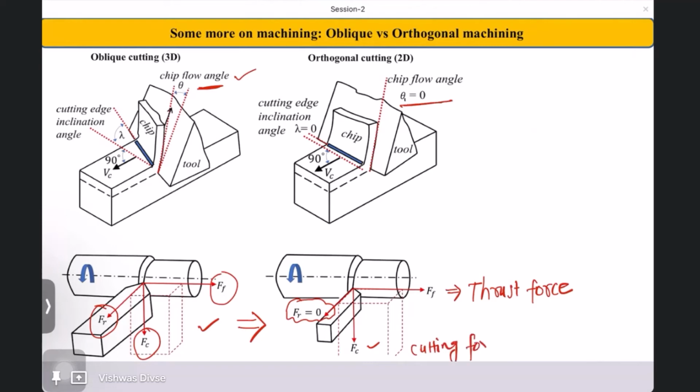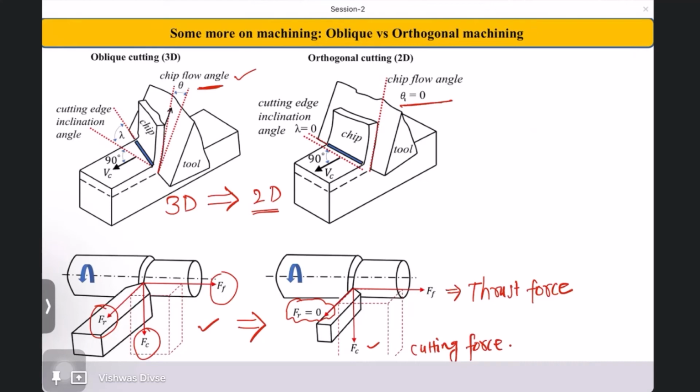So basically, if we are analyzing orthogonal machining, only two components we need to analyze. So the third component means basically dimensionality we are reducing from 3D to 2D. And one needs to understand why this dimensionality is reducing. It means one of the strain components is getting 0 in orthogonal machining.